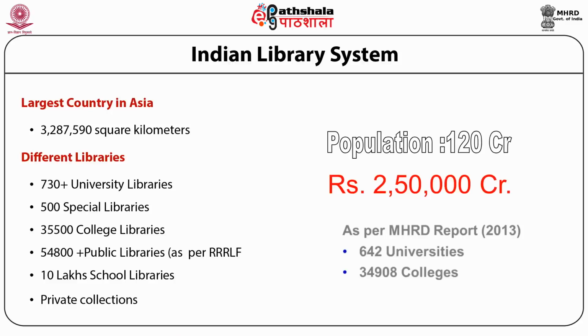So 730 university libraries, 500 special libraries, 35,500 college libraries, and approximately 55,000 public libraries. And as per RRRLF, I think there could be 25 to 30,000 libraries, and 10 lakh school libraries. All schools may not have libraries, but just a private collection.